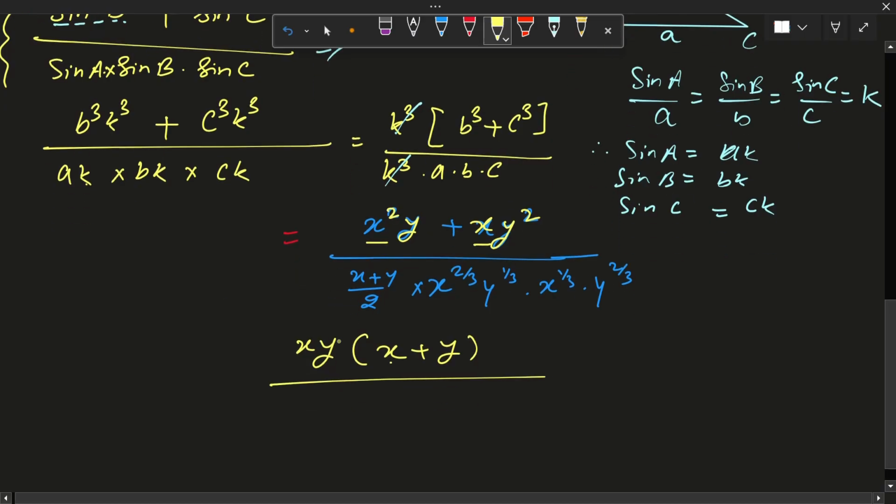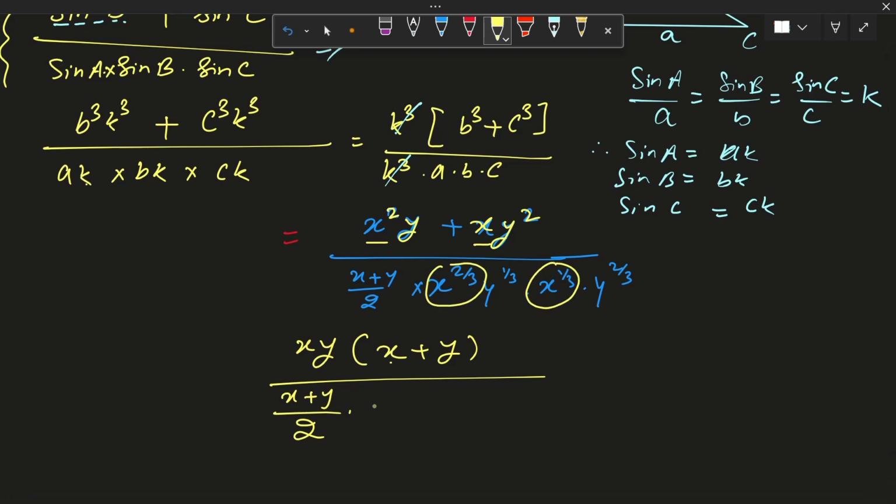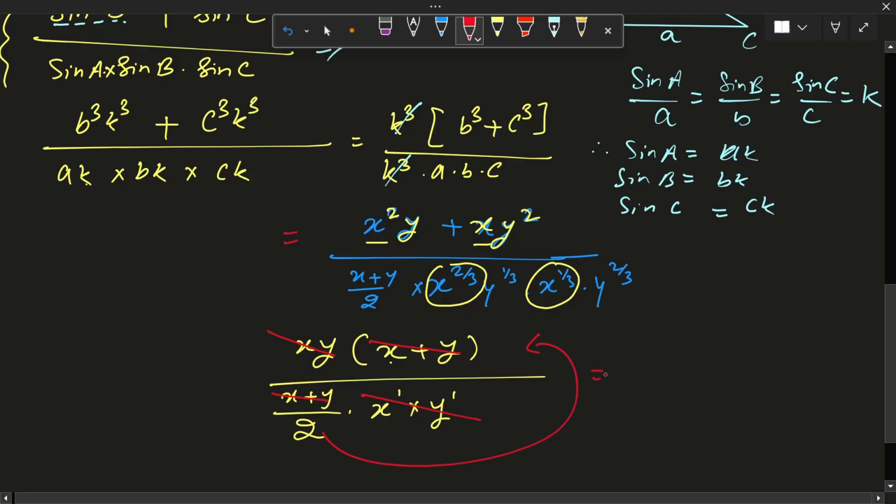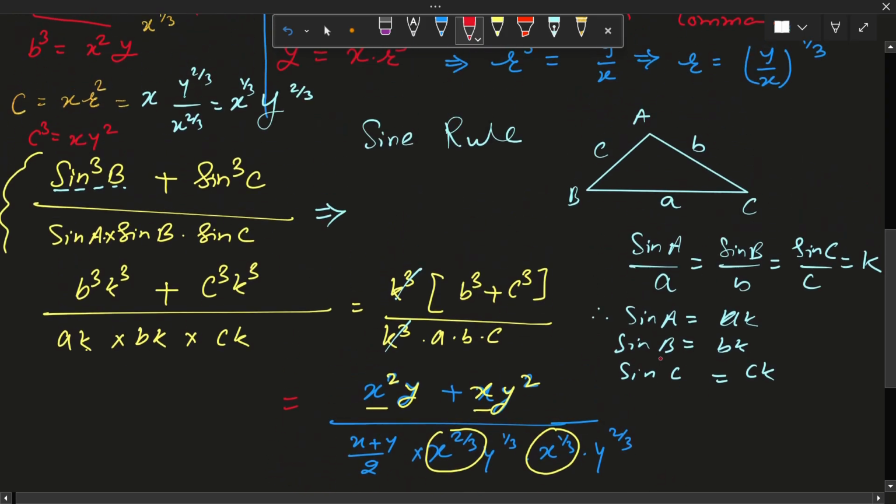Upon x plus y by 2 into, like variables have their powers added: 2 upon 3 plus 1 upon 3 becomes 3 upon 3 which is 1, and the same for y. So this and this get cancelled, this and this get cancelled, and the 2 goes up. So it becomes 2. The required answer is 2.